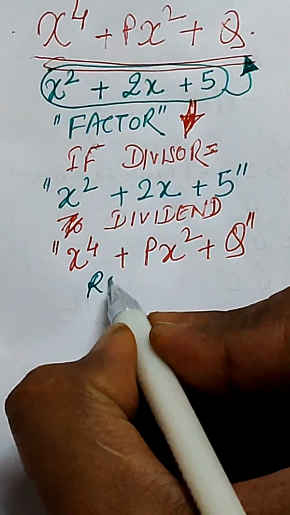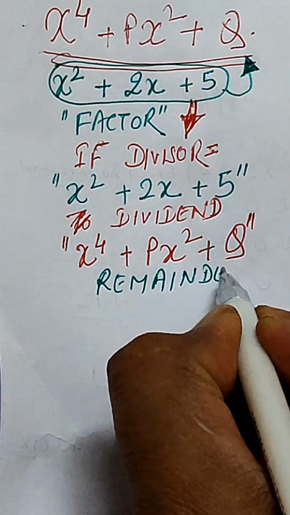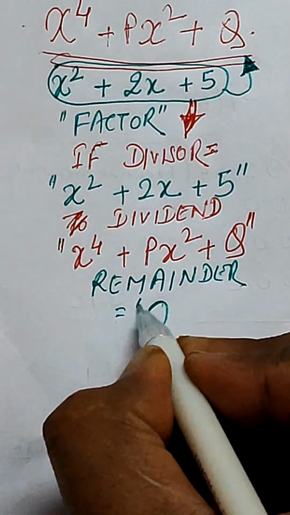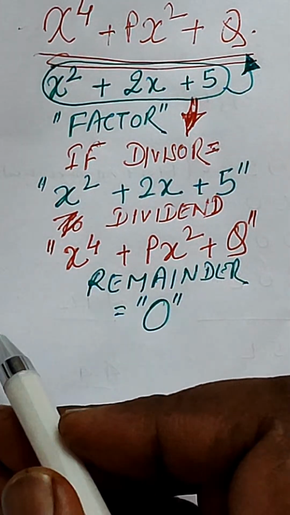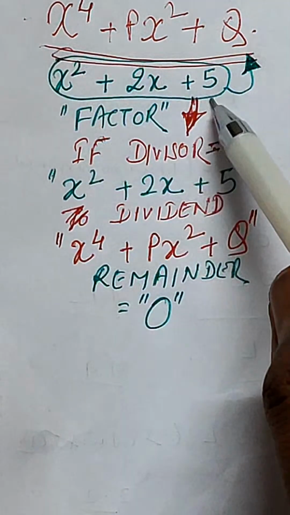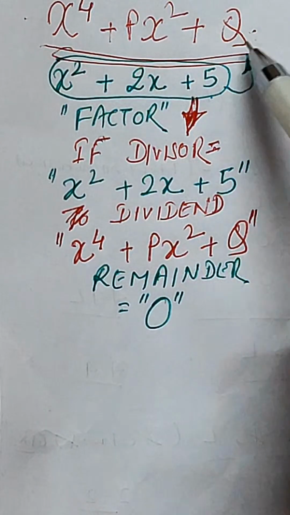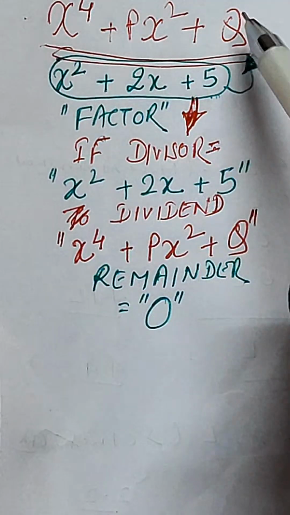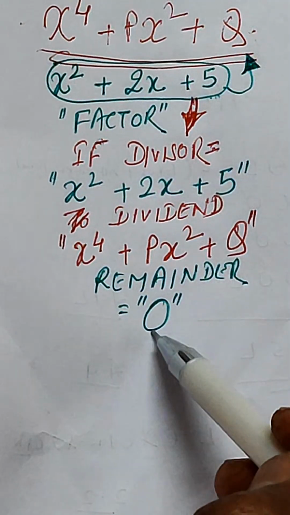So the main understanding you need is that if any polynomial is a factor of a given polynomial, then the factor is directly and completely dividing the given polynomial, and the remainder will be 0.